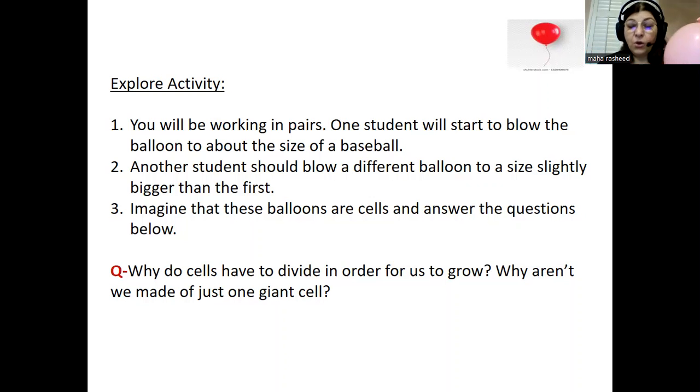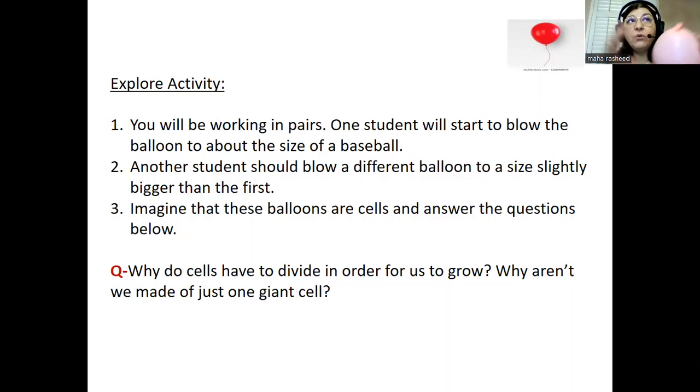What do you think happened to the cell membrane here? Yes, so if you keep blowing this cell, what is going to happen to the cell membrane? Yes, it's going to be stressed and probably explode, and this is the function. What is the function again for the cell membrane? To transport material from inside the cell to outside or from outside to inside. Very well.